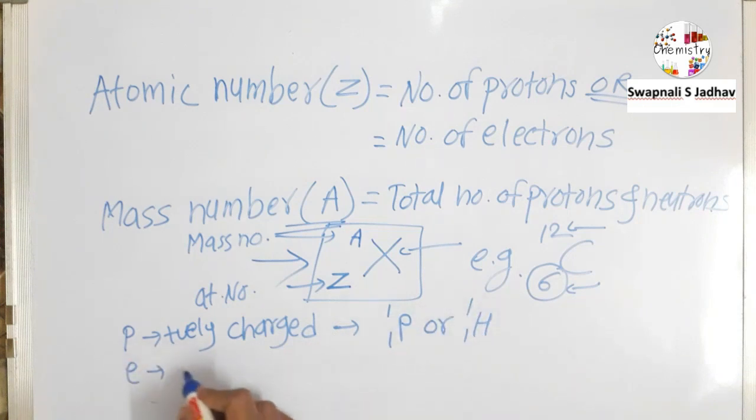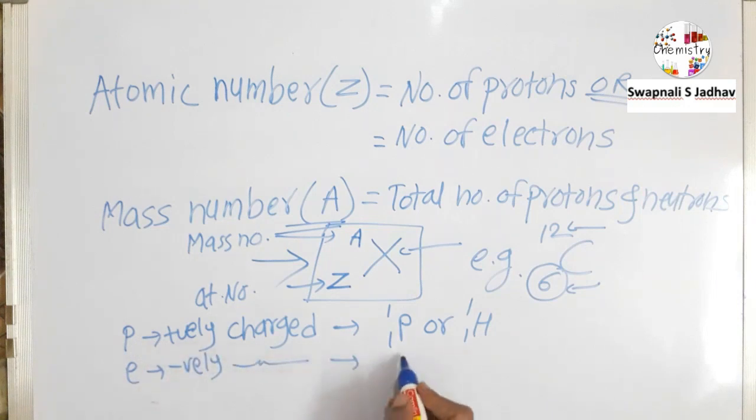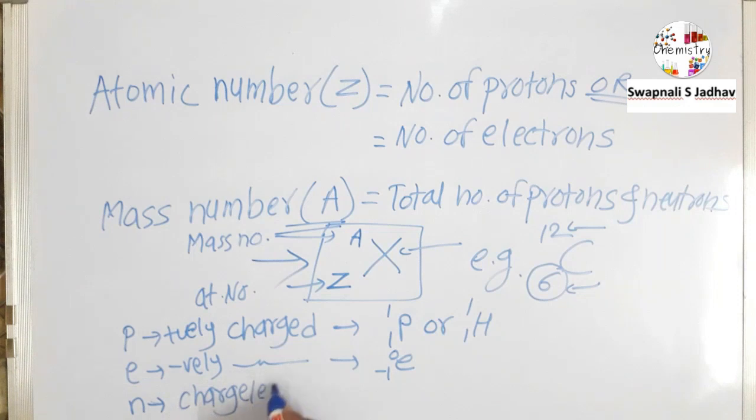Electron is negatively charged and it is represented as e with -1, 0, and a neutron is chargeless and it is represented as n with 0, 1.